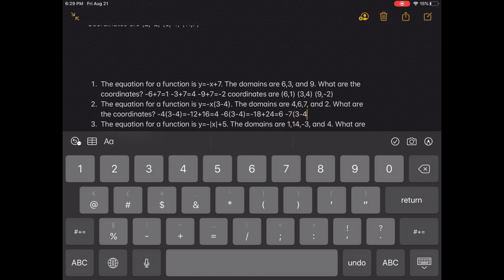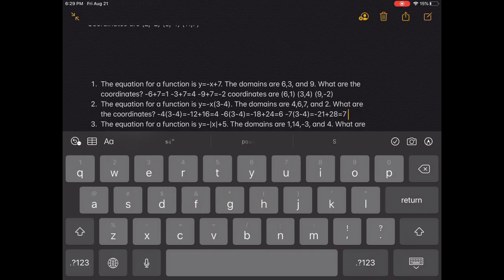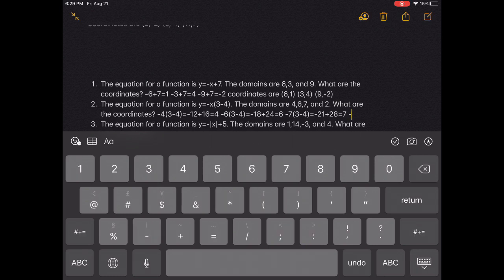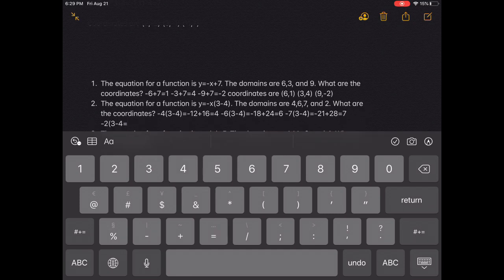So -7 times 3 will equal -21, and -7 times -4 will be 28. For the next one, we distribute -2 to 3 and -4. So -2 times 3 will be -6, and then -2 times -4 will be 8. After that, we do -6 plus 8, and that will equal 2.